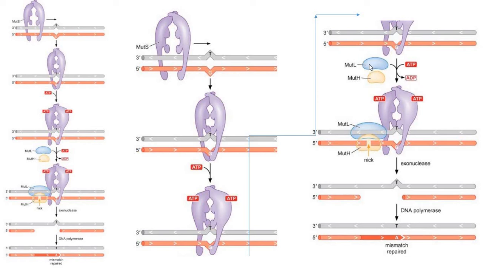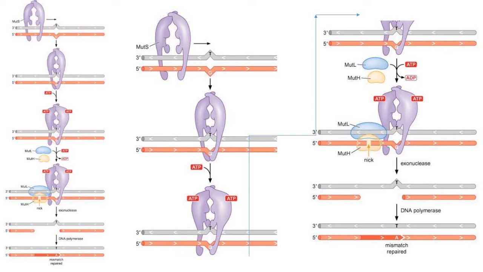This MutL will then recruit MutH. MutH is an endonuclease. MutL will bring this endonuclease to the DNA molecule where MutS is bound, and this endonuclease MutH will make a cut in the DNA molecule in one of the strands.